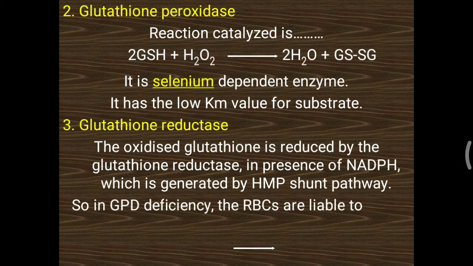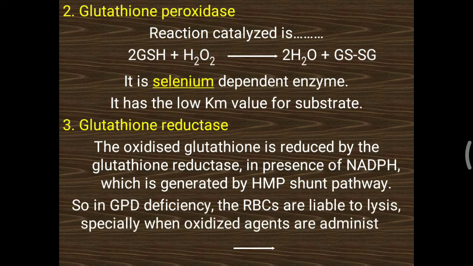So in G6PD deficiency, suppose the enzyme for the production of NADPH is not there, then NADPH will not be generated. Further, the RBCs are liable to lysis by free radicals, specifically when oxidizing agents are administered. Due to free radical generation, RBCs lyse particularly in patients with G6PD deficiency.